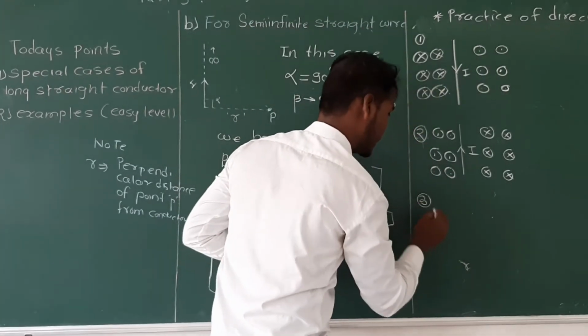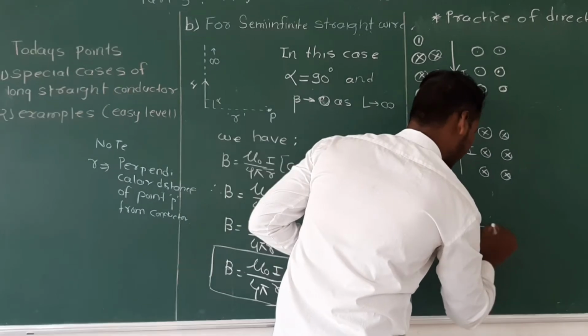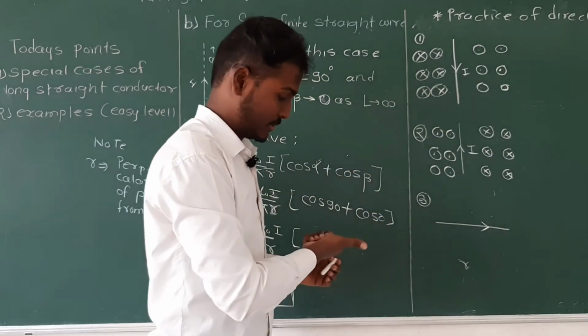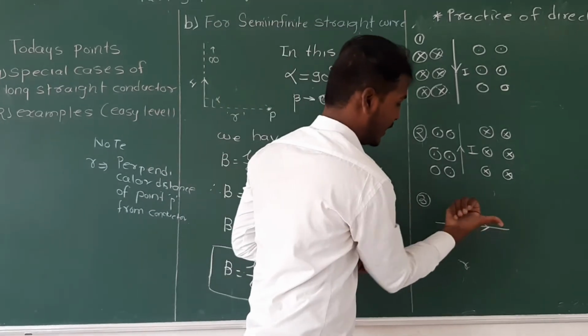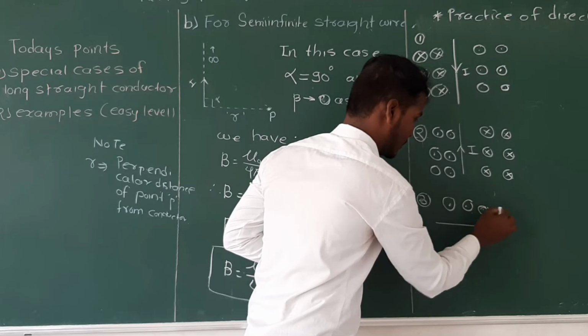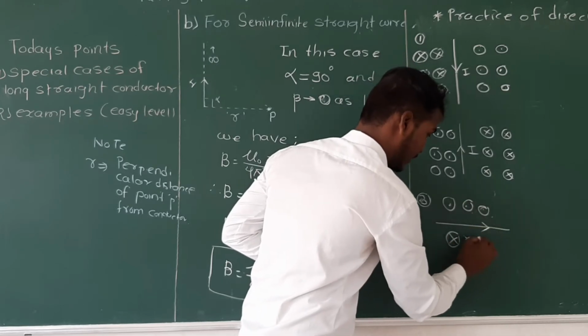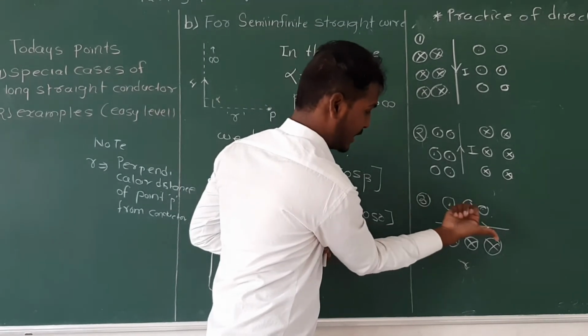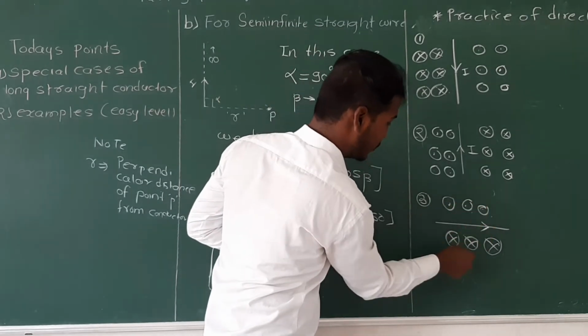Now the third case, if the current is going like this, now see carefully. For this plane, these lines are coming outside, and for this it will go inside. Are you getting it? See carefully, coming outside, and it will go inside here.